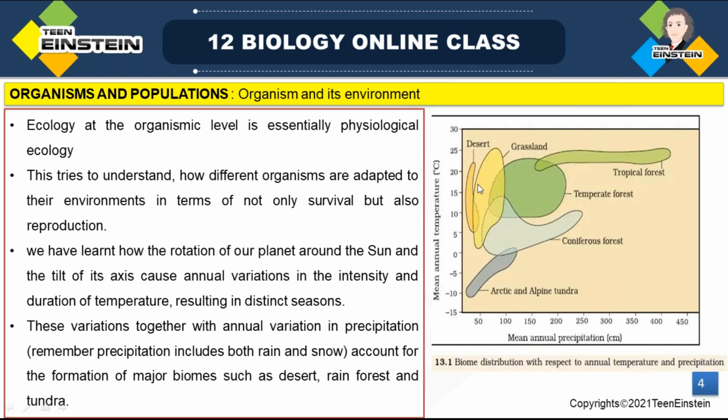Desert they have marked from here to here, that's why we are saying 5 to 20. That range we are mentioning. Then mean annual precipitation is 10 to 50 centimeters. See, up to here only it's coming, so 50.